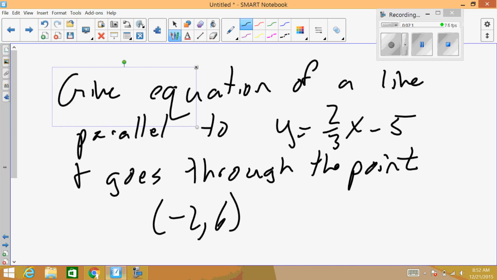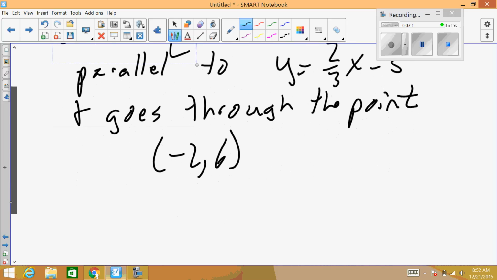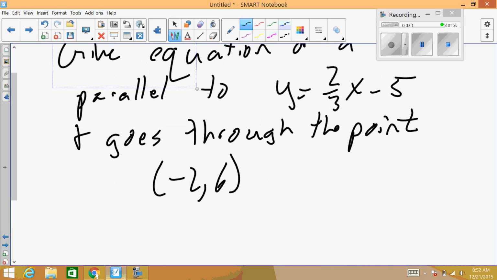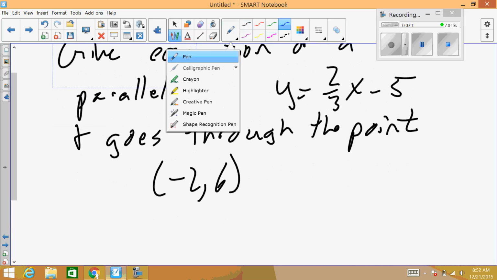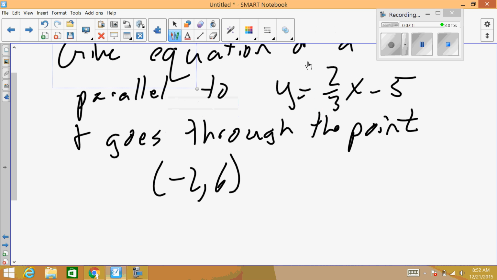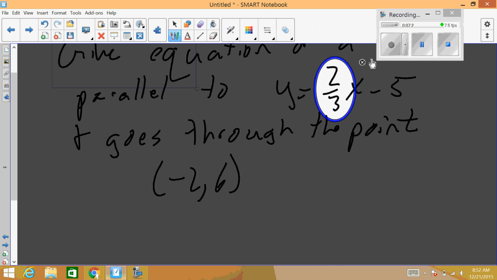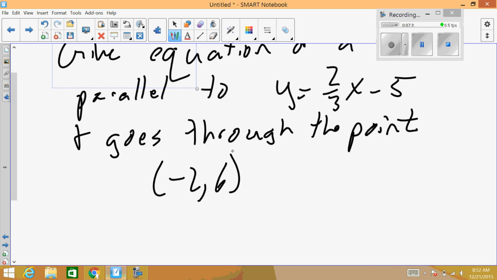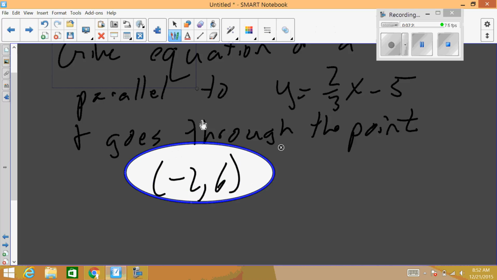Okay, so now I've still got a parallel line, but I don't have the y-intercept. So instead, I'm still going to use this slope from my original, but I've got this other point, not the y-intercept. So somehow I need to use that.